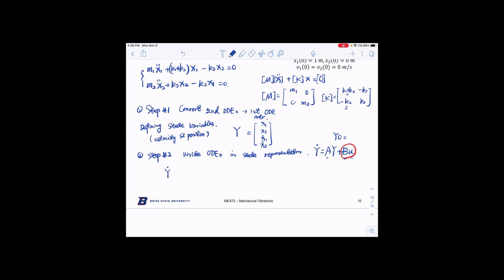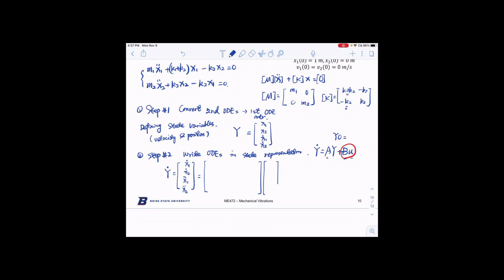So what is y dot? Your time derivative for the state vector is just the time derivative of each entry. So position becomes velocity, and velocity becomes acceleration. All right, then we need to find our A matrix, which is to be determined.